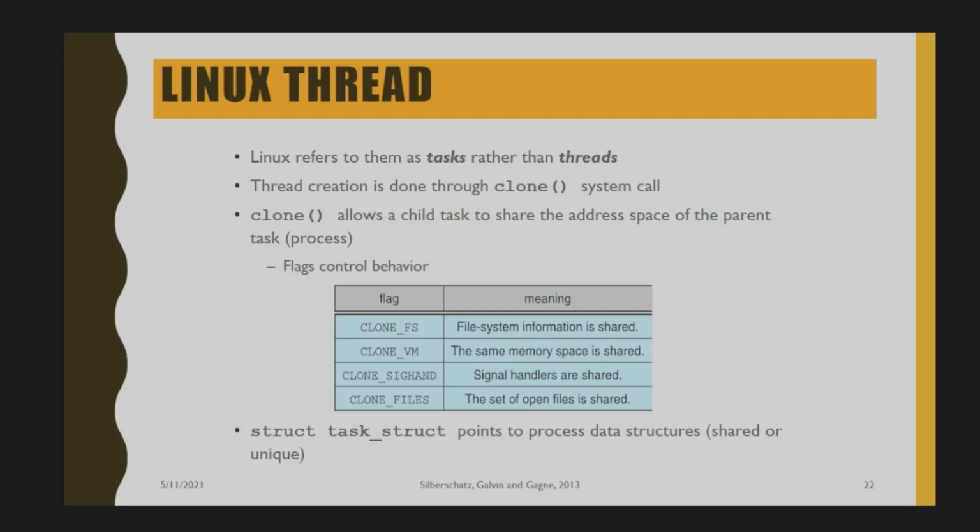And we have CLONE_SIGHAND, which is about the signal handlers being shared. And we have CLONE_FILES, which means the set of open files is shared. These are the flags under the Linux OS. And the task_struct structure points to the process data structure.